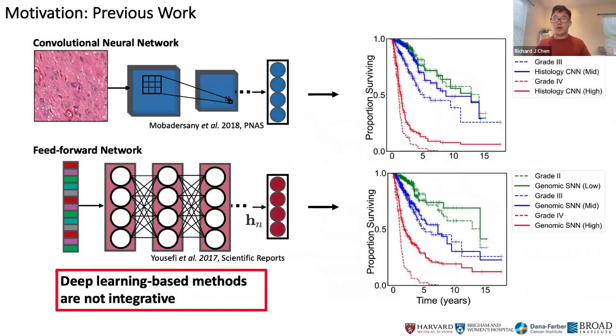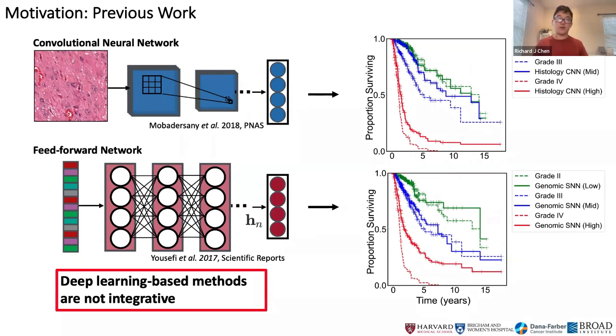At the time of this work, around 2019, 2020, the mainstay approaches in using machine learning for survival prediction were mostly unimodal deep learning networks.